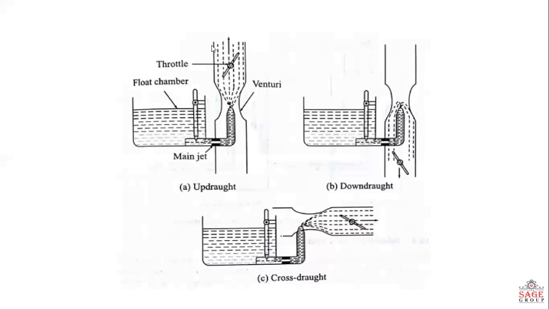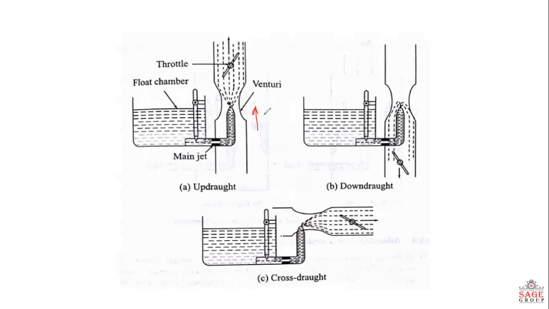The first is updraft, as shown in the figure, in which the air enters at the bottom and leaves at the top, so that the direction of its flow is upward. The disadvantage of this type of carburetor is that it must lift the sprayed fuel droplets by air friction.